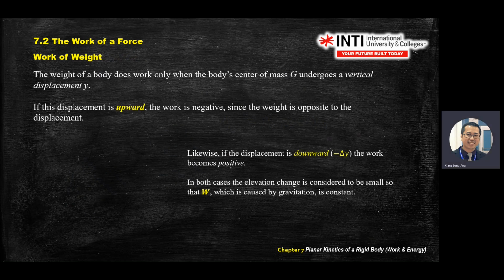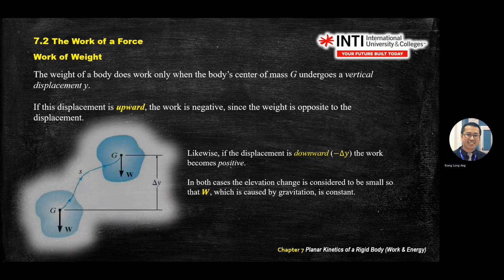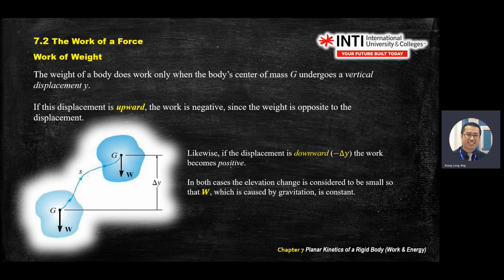Weight also does work. For example this one. If your datum is here and the object is above, and the displacement is upward, work is negative. We now deal with work, not energy. Don't confuse mgh with work. This is work.